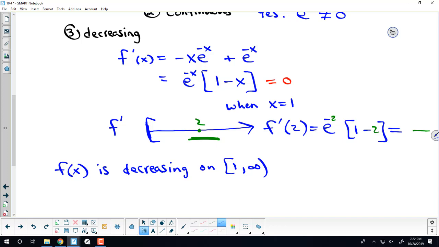But if you did compute the limit as x approaches infinity of x over e to the x, it's approaching 0. So whatever that function looks like, we do know that it's eventually approaching 0. So eventually this term is less than the previous. This term is less than the previous, right? So if the next term is less than the previous term, it's decreasing.